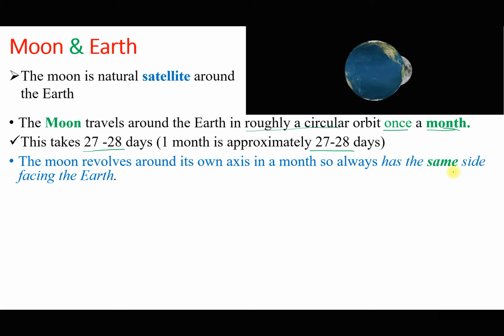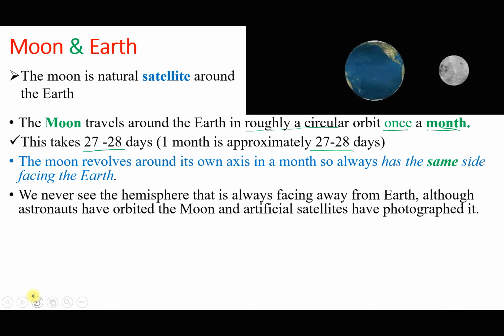So we never see the other hemisphere, the hemisphere that is always facing away from us, apart from astronauts. Although astronauts have orbited the moon and artificial satellites have photographed it, for us on the Earth's surface, we never see the other side which is always facing away from the Earth. We always see that side of the moon which always faces the Earth.